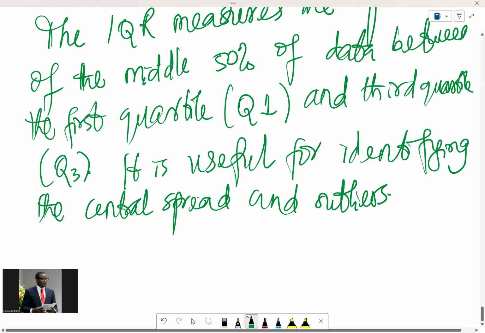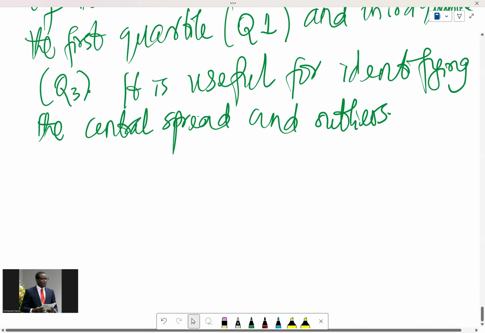In economics, people talk about the fact that the middle class is very important in determining the wealth of a nation. So if you have all the data of the wealth indicators for a particular country, the interquartile range will tell you about the spread of the middle class of that nation. Though this is an idea from data, I think it is analogous in that sense.